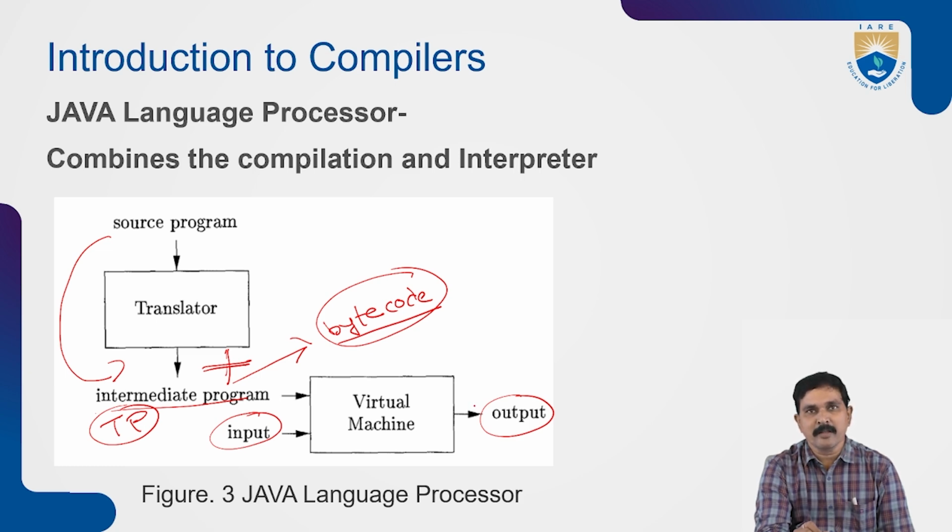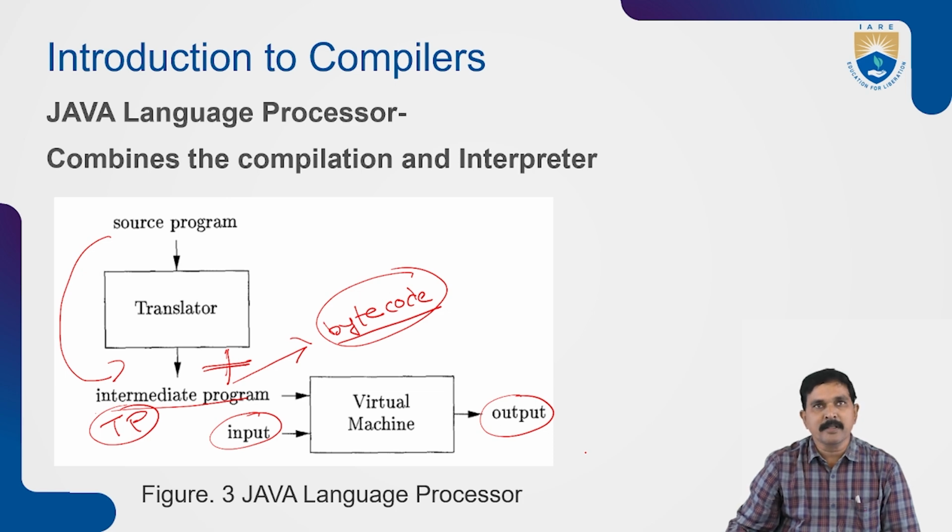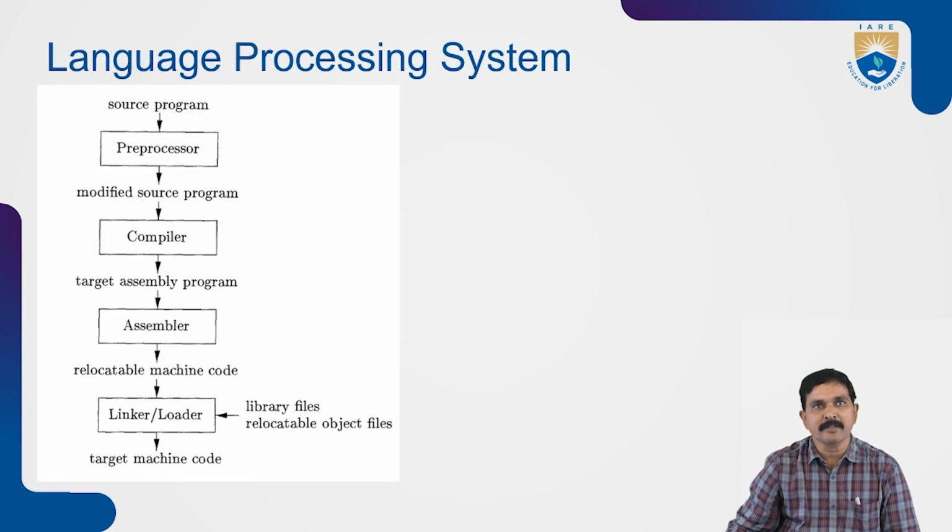In the case of the Java virtual machine, you use the Java interpreter. The Java interpreter interprets the bytecode, takes the input data, and finally generates the output value. So this is happening in the case of the Java language processor.